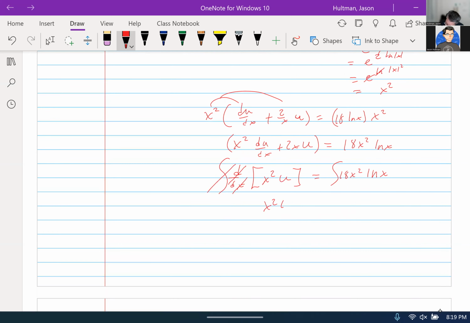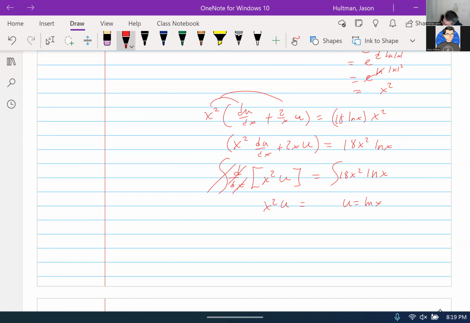And the integral and the derivative are going to cancel. This is x squared u is equal to, this is going to be integration by parts. Okay, so u is equal to, I can pull the 18 out in front if I want to. It doesn't really matter. I'll just let it be 18x squared. The dv is, no, I don't want that. I want the natural log first.